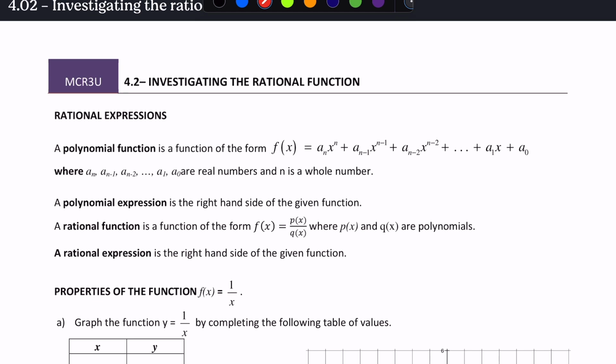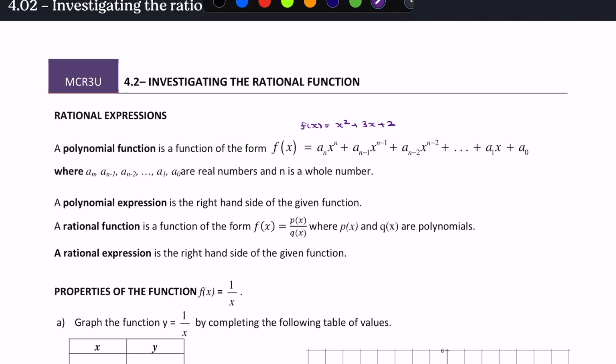An example of one of these polynomial functions would be f(x) = x² + 3x + 2.